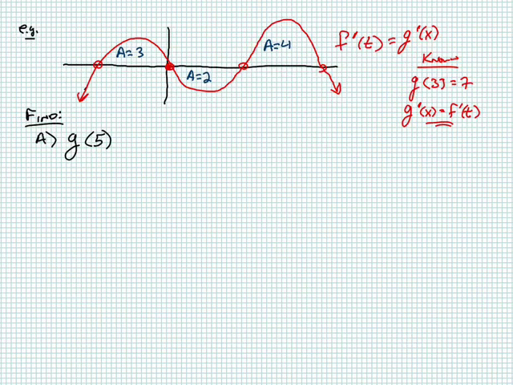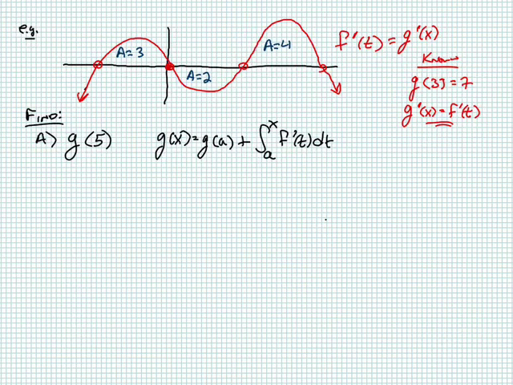Okay, so what I'm going to do is use the equation for g of x in this case. So g of x is going to be equal to g of a plus the integral from a to x of f prime of t dt.